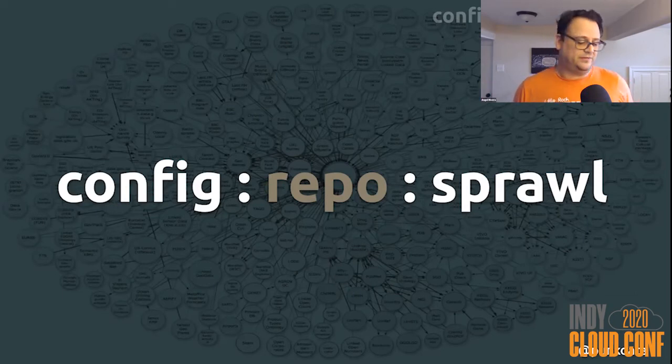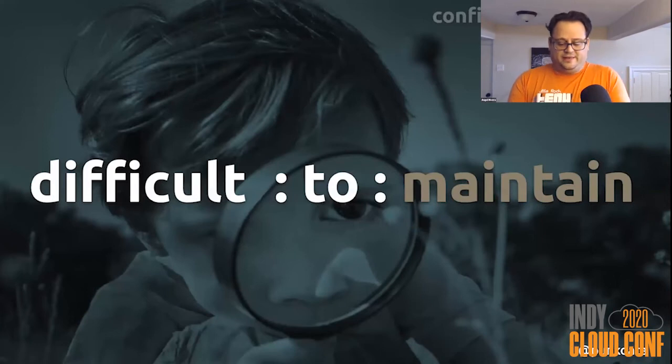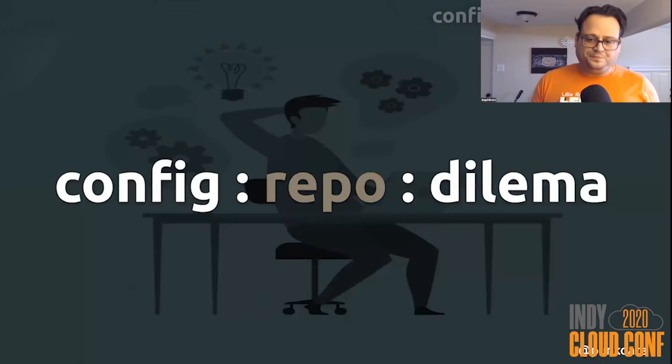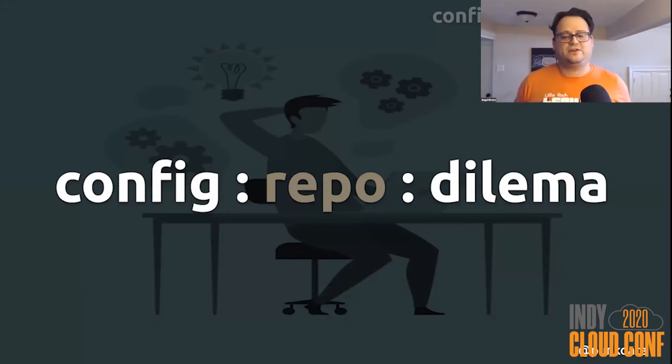I spoke to a person just recently who is responsible for 3,000 repositories in their organization. That means 3,000 configuration files, which becomes really difficult to maintain because of the sheer volume. So how do I manage 3,000 configuration files? How do I change all of that in a reasonable amount of time?